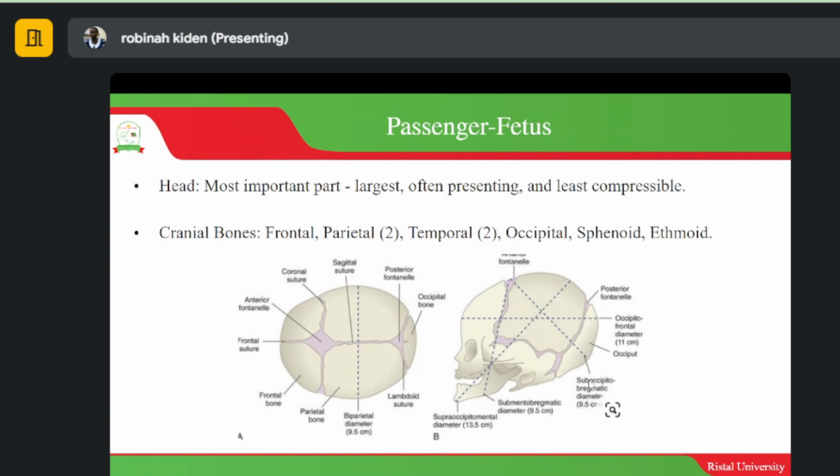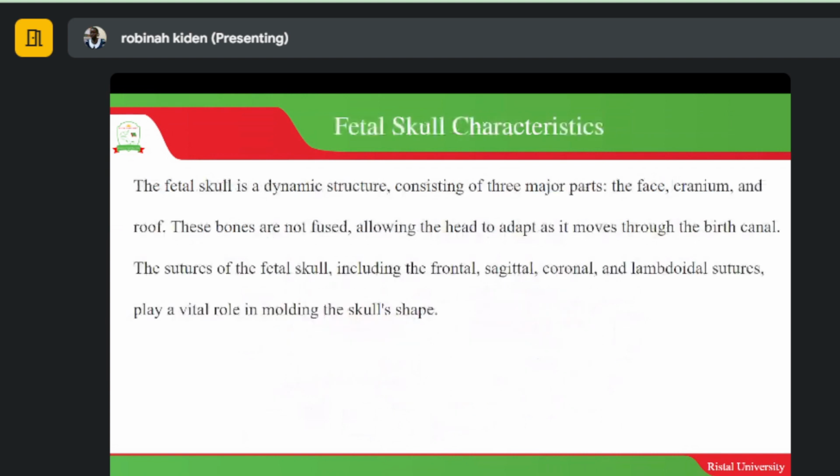And you remember we had talked about the diagonal diameter, or the diameter that runs diagonally, being 12 centimeters. So that means that the 9.5 centimeters can engage without any problem, because it is smaller than the 12 centimeters. Then let us look at the fetal skull characteristics.